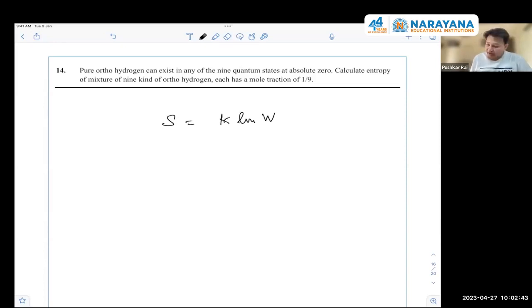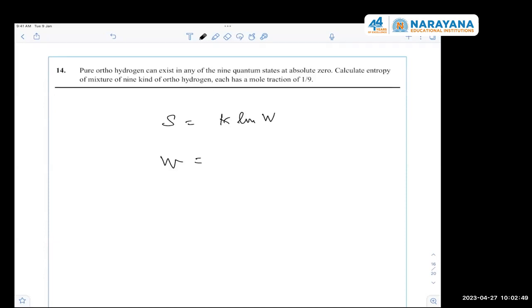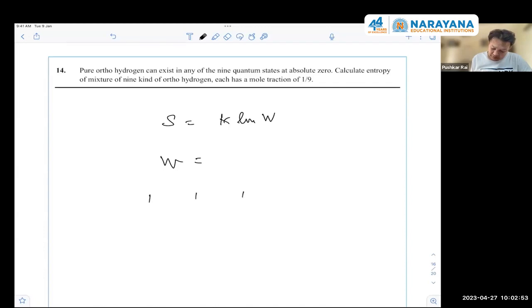Tell me, what is W here? Possible macrostates. I tell you, 9 states are possible. So particle number 1 has how many options? 9 options. Number 2 also has 9 options. Number 3 also has 9 options. So if you have Na particles, all of them have 9 options.